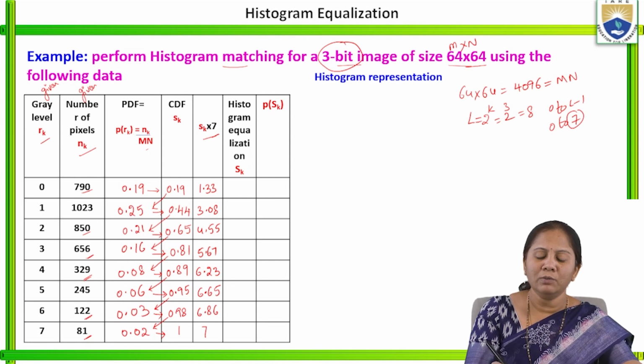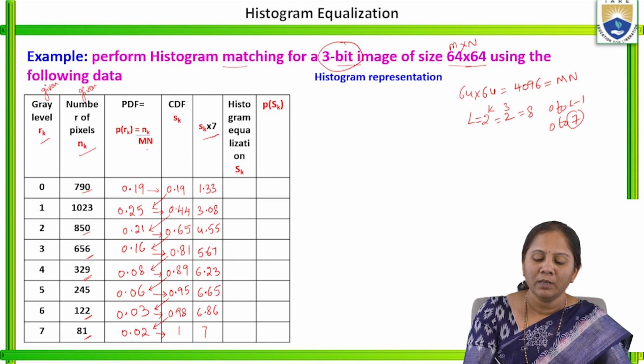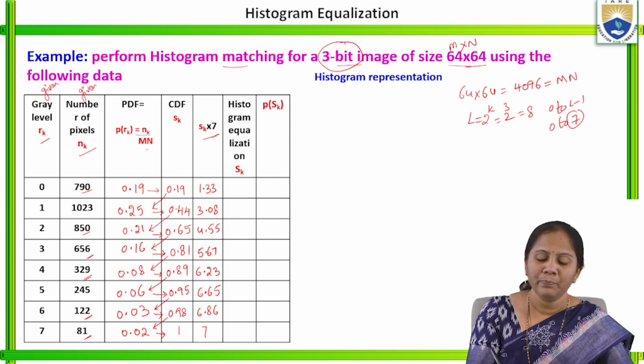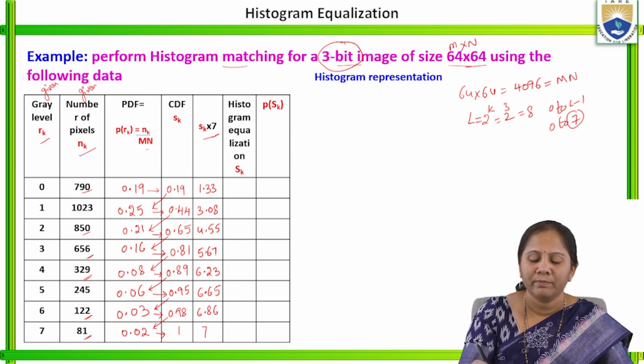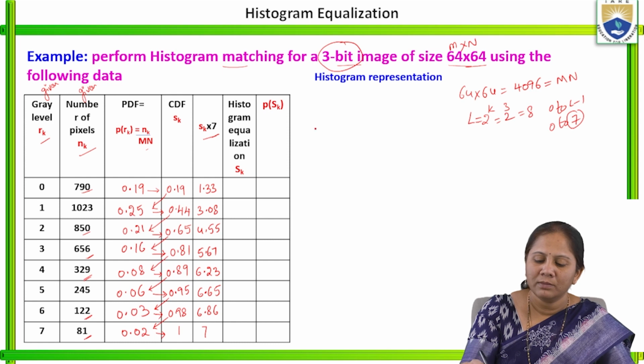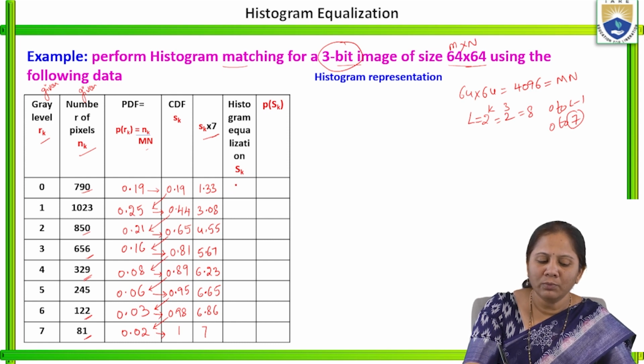All these values we got are in floating point. Histogram equalization means we have to round off these values to the nearest integer value.